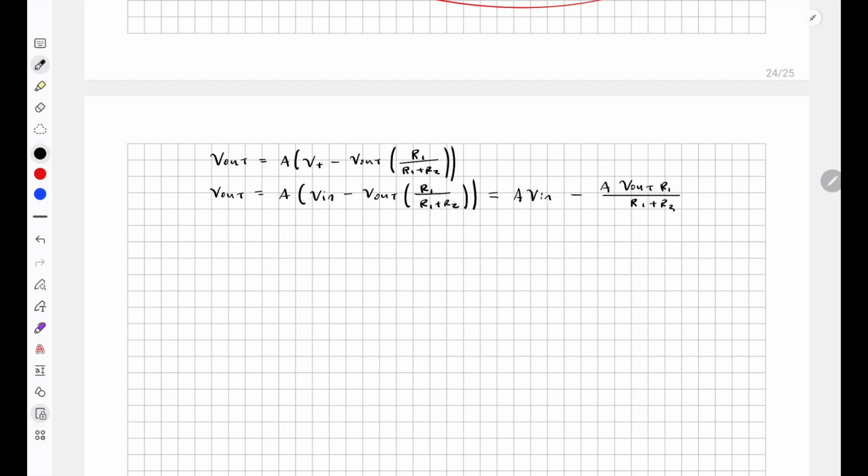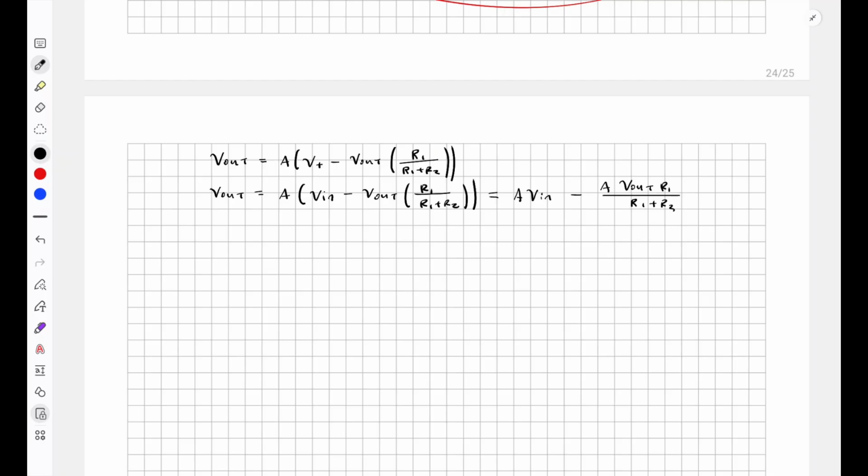Let's do some consolidation of terms and get this equation into a form where we can extract V out divided by V in, which is equal to the closed loop gain G.